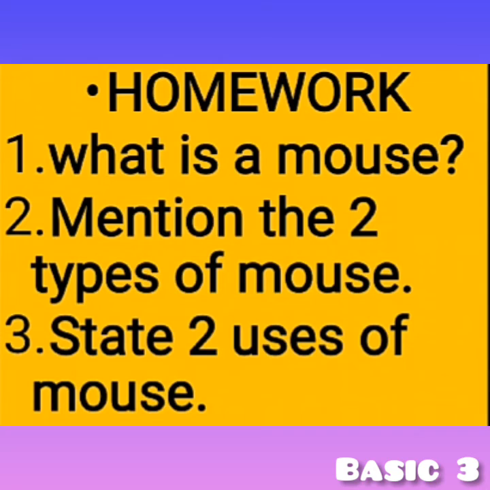Then let's look at the uses of the mouse. One, I said, the mouse is used to move an item from one place to another. And we also stated how this can be done. Number 2, it can be used to highlight text. And number 3, it can be used to point and select objects on the screen.